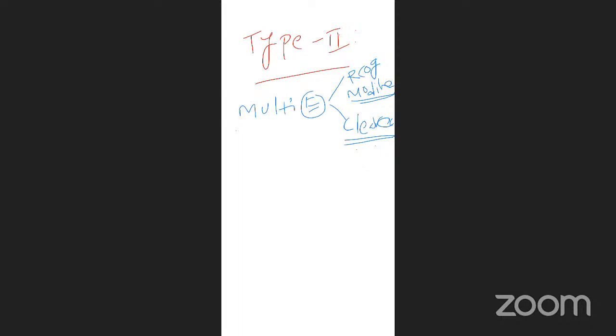Apart from that, magnesium ions are also required. But here in type 2, no ATP and no adomate. Then where will they get the energy from, sir? They need energy. They only require magnesium ions.